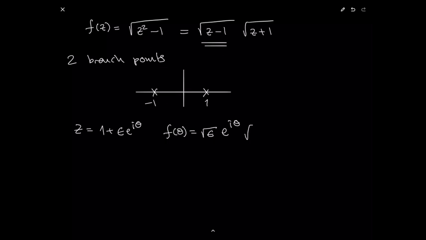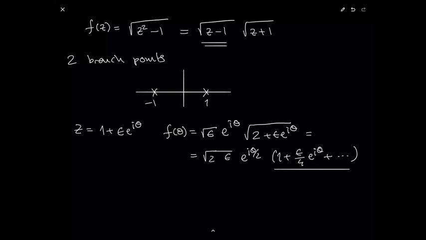And then the other one will give us 2 plus epsilon e to the i theta, which we can now massage a little bit. And what do we get? We get square root of 2 epsilon e to the i theta over 2, and then we can Taylor expand what's in there, and what we get is 1 plus epsilon over 4 e to the i theta plus. Now this bit is okay, this doesn't bother us, but this, it's pretty clear what happens.